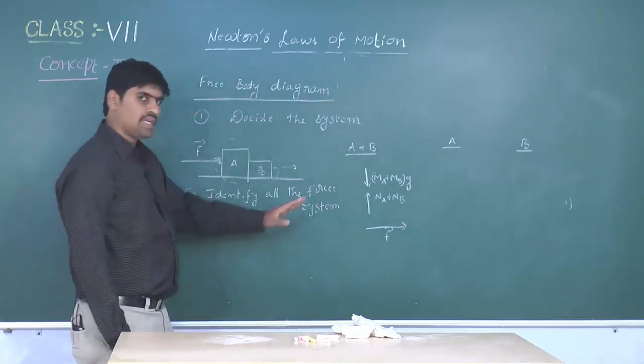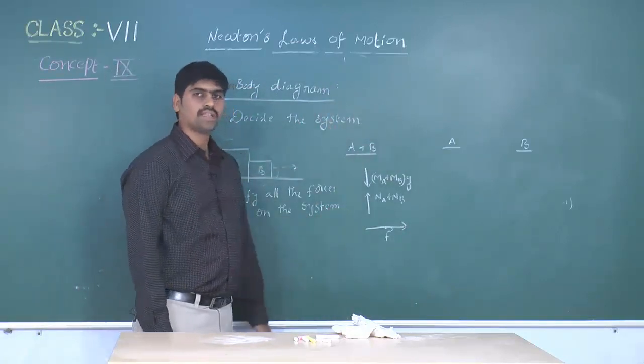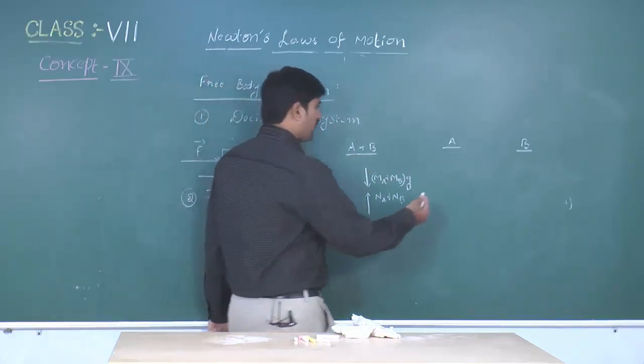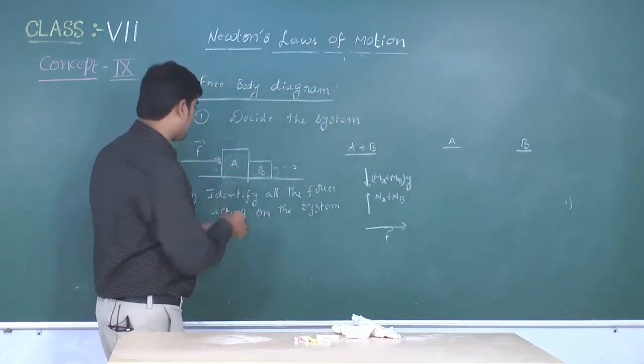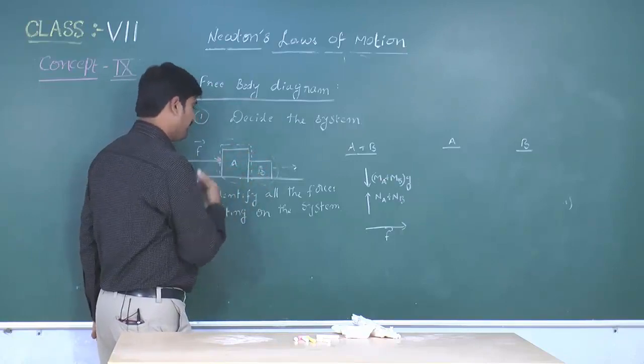Now say to me, taking A as a system, what are the forces acting on the system? The forces acting only on A, as we are considering A as a system.